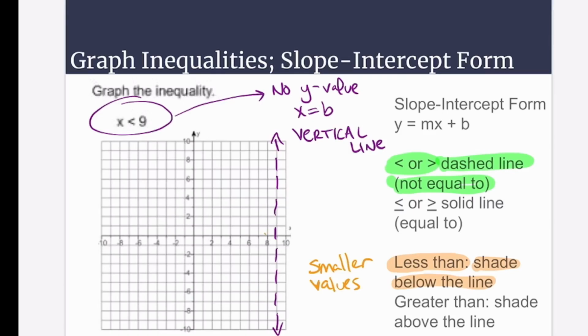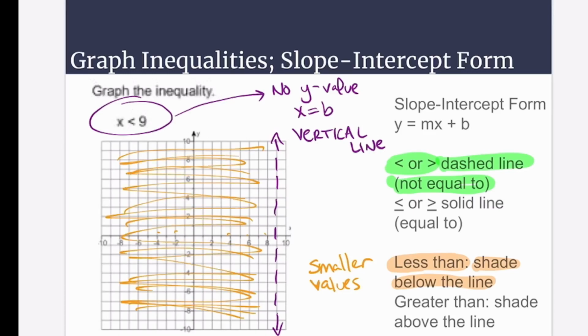Well, 8 is smaller, 6 is smaller, 4 is smaller, 2 is smaller, all those, which means your graph is going to go in this direction. So all these points on the left side are going to have smaller x values. The y values don't matter in this case. So that's how you would graph your vertical line.